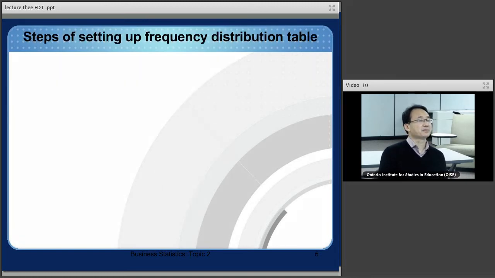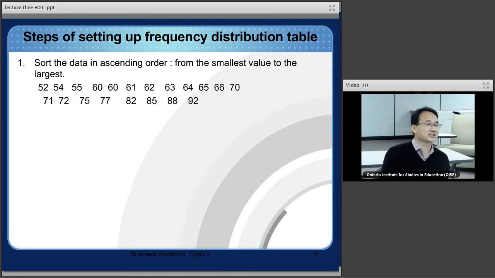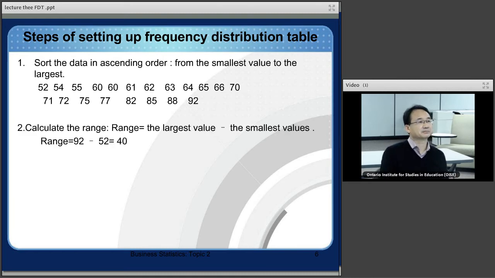The first step, if we want to set up a frequency distribution table, is to sort the data in ascending order. What is ascending order? That means from the smallest value to the largest. Here, we sort this data from the smallest value, 52, to the largest, 92.